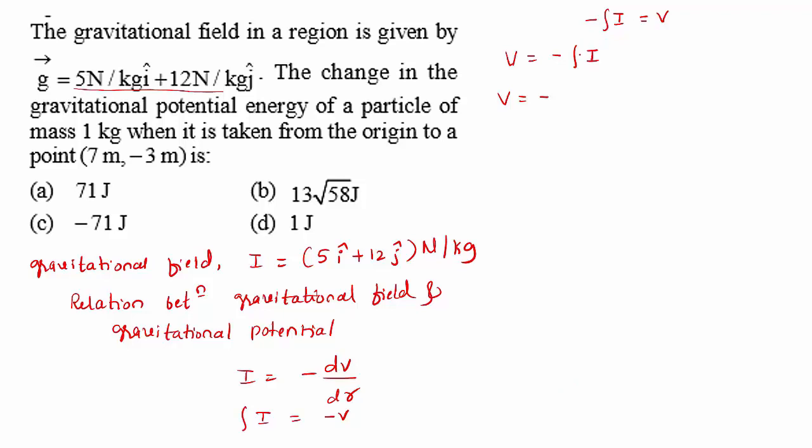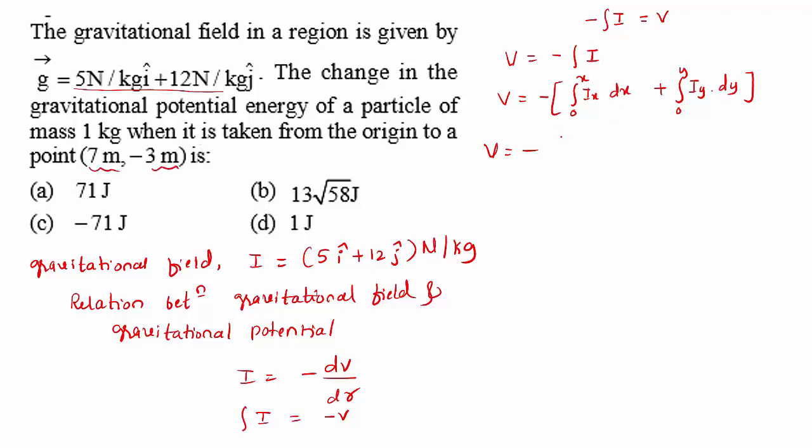For x and y component, I can write it as integration of Ix into dx, integrating with respect to x component from the limit 0 to x, plus integration of Iy into dy from the limit 0 to y. It is the general equation. Or we can write V equal to minus, keep as it is. So here the x and y components are given 7 meter and minus 3 meter.